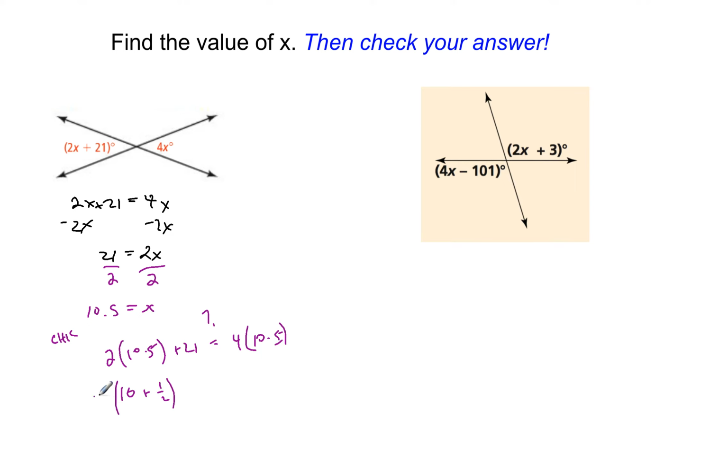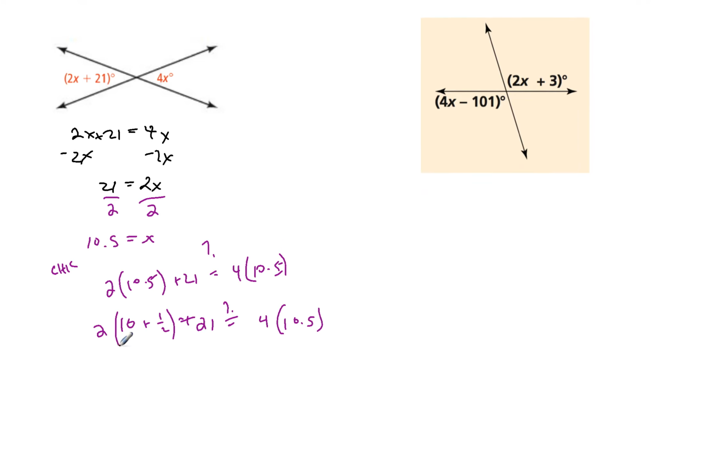I'm going to use the distributive property, multiplying 2 by the 10 and 2 by the half, and then add 21. 2 times 10 is 20, and 2 times a half is 1, plus 21.